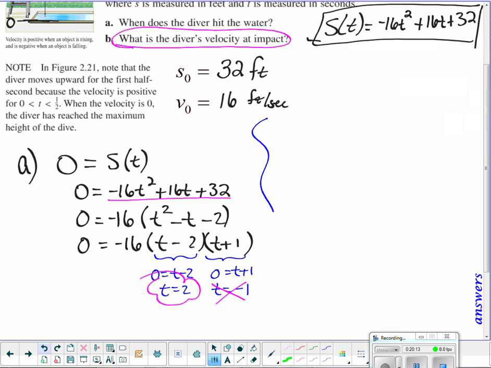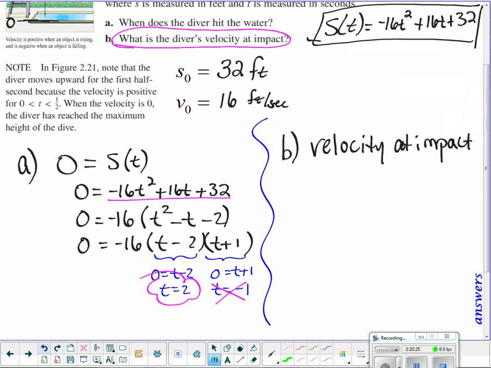So, part B, velocity at impact. When did he actually strike the water? Well, we found in part A it took him 2 seconds to get to the water, right? 2 seconds to reach the water. So we need to find the velocity at 2.